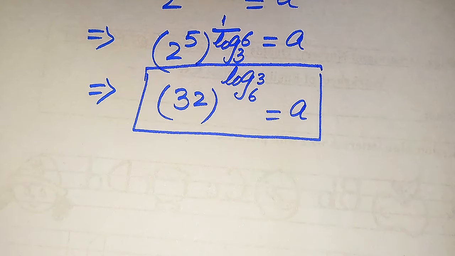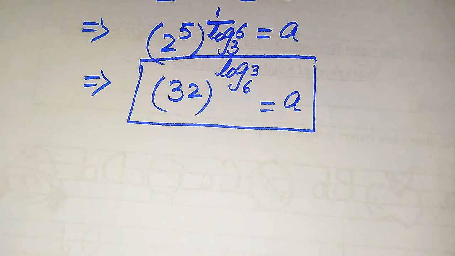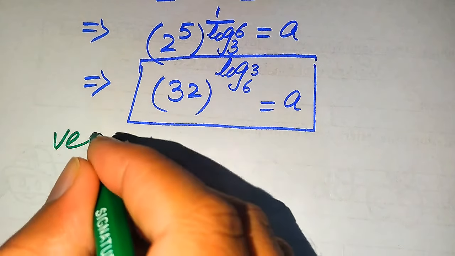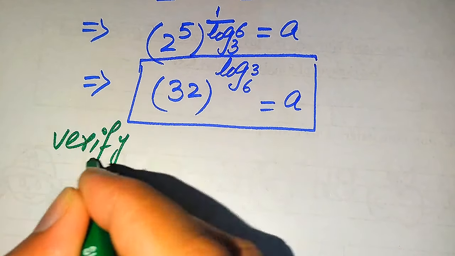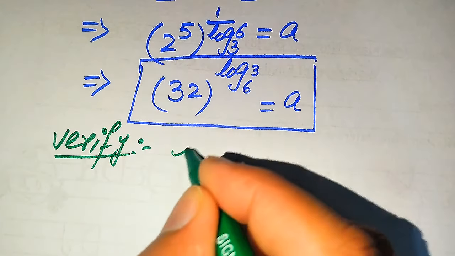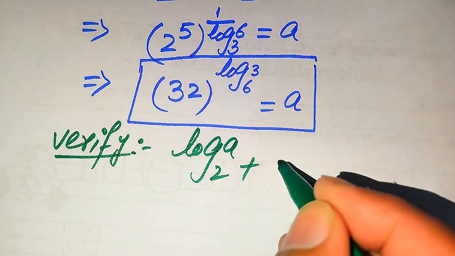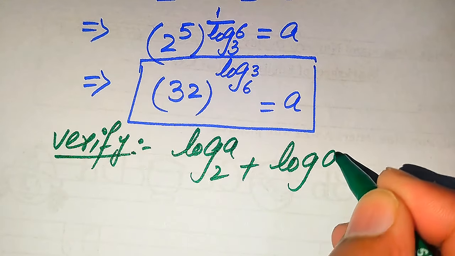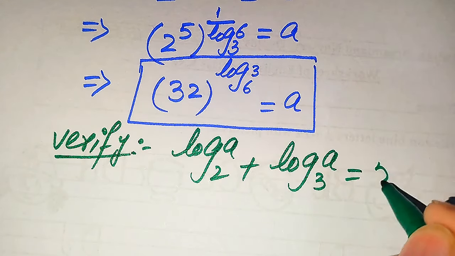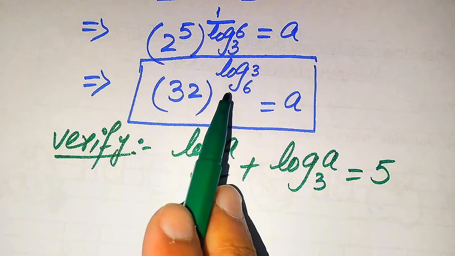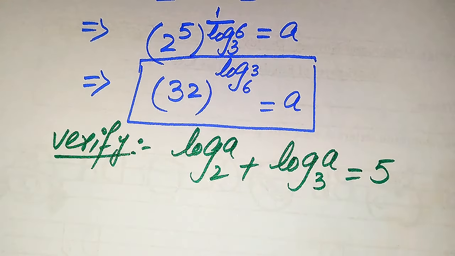Further, in the next step, we need to verify whether this value of a satisfies our given question statement or not. For this we need to copy down the given question statement here. The given question statement is log of a with base 2 plus log of a with base 3 is equal to 5, and here we substitute this value of a in both of these terms.